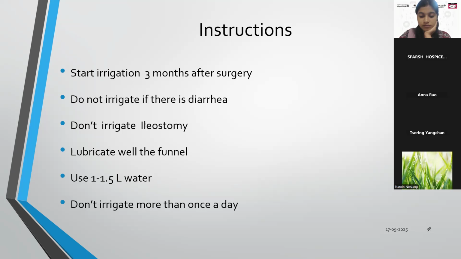If the patient's bowel time was in the morning, it should be irrigated in the morning, so that for the rest of the day, the amount of stool collected into the bag will be very small, and the patient can move about without any kind of problems. That is the main purpose of irrigation. Next slide, ma'am.